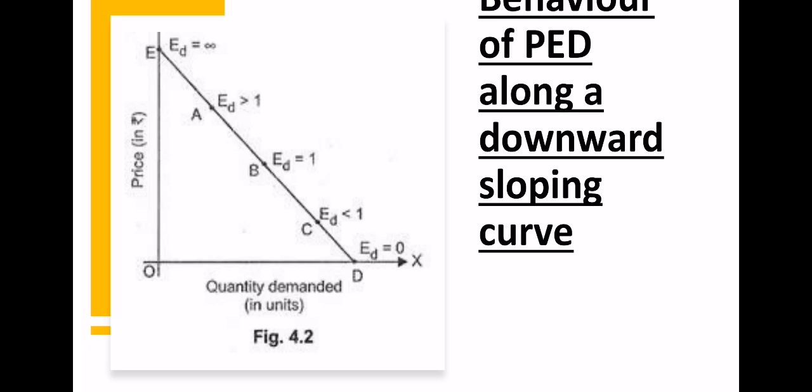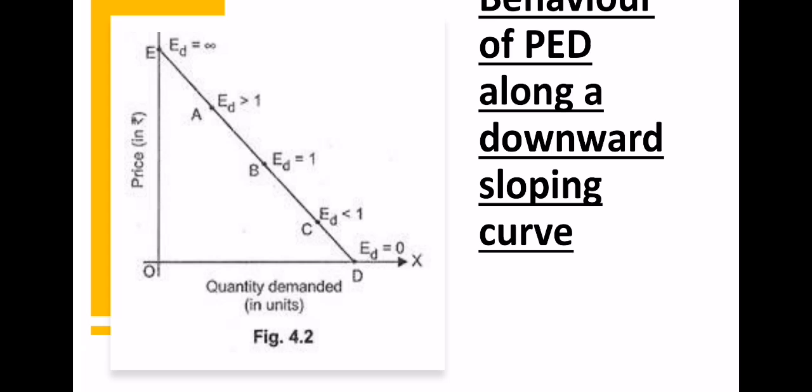Now this you will actually have to remember: at the point where quantity demanded is 0, PED is equal to infinity, and at the point where price is 0, elasticity of demand is 0, and at the center of the curve it is unitary.